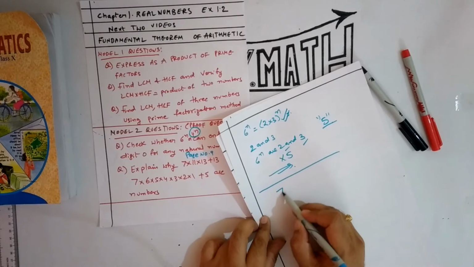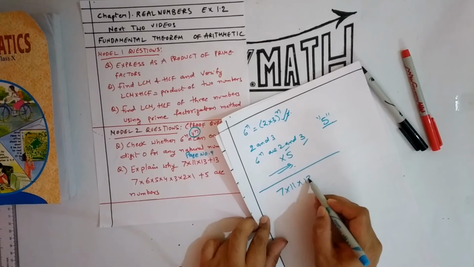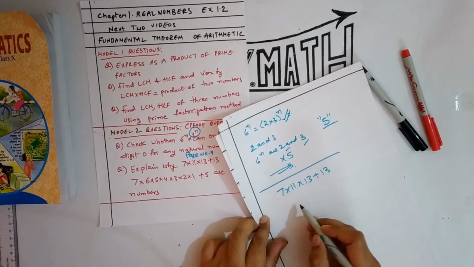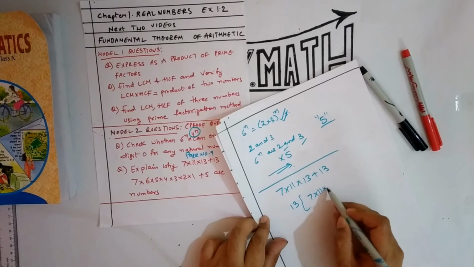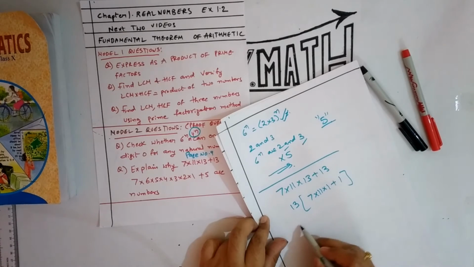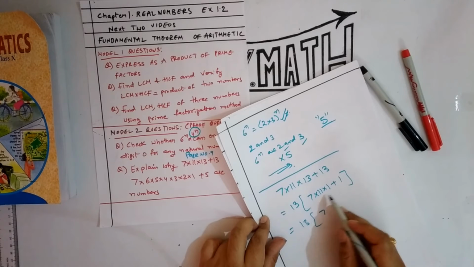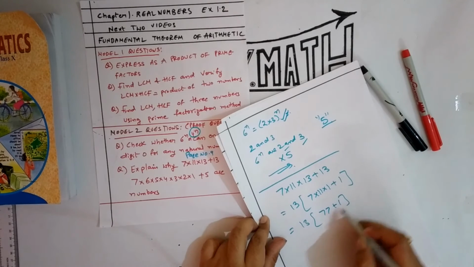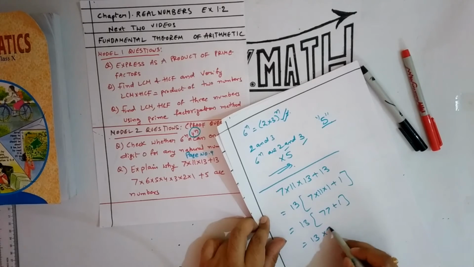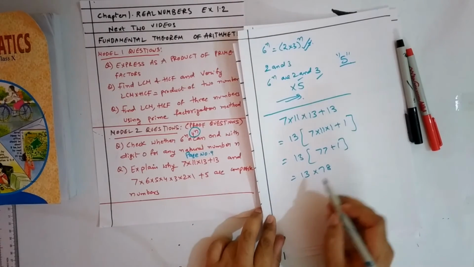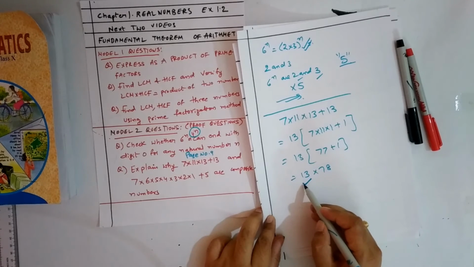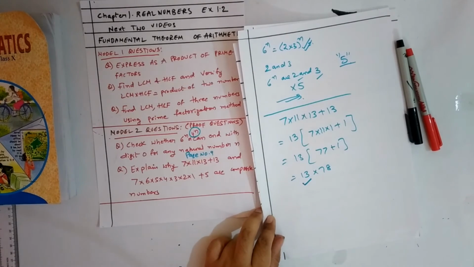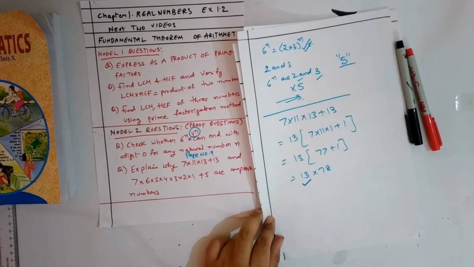Let's check out 7 into 11 into 13 plus 13. Here I take 13 common. 7 into 11 into 1 plus 1. That is equal to 77 plus 1, which is equal to 13 into 78. This shows that 13 is one of the prime factors for this number.